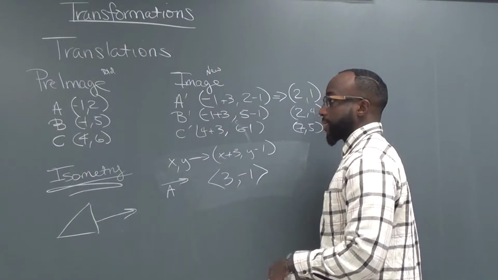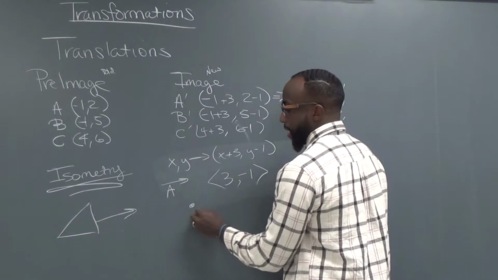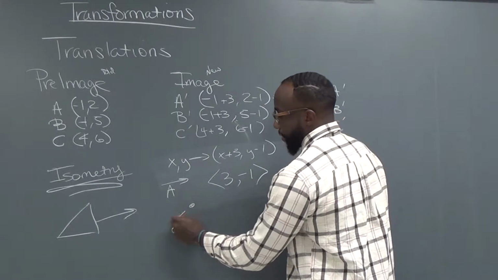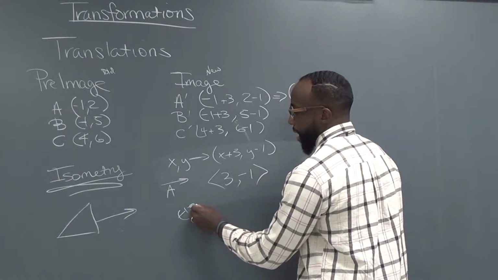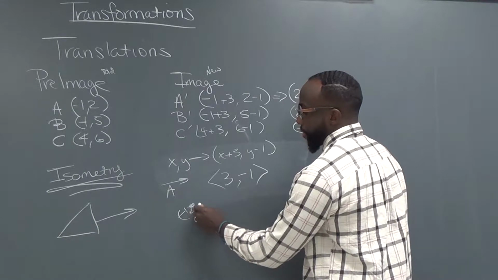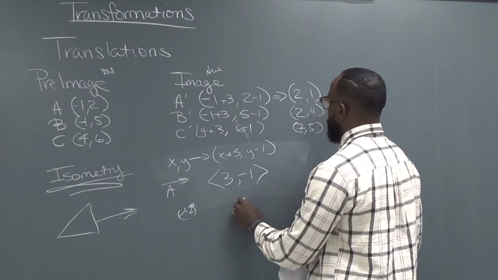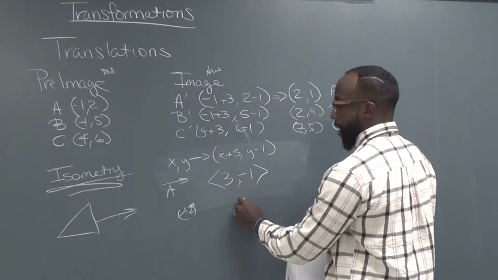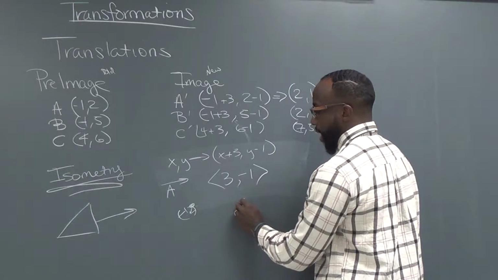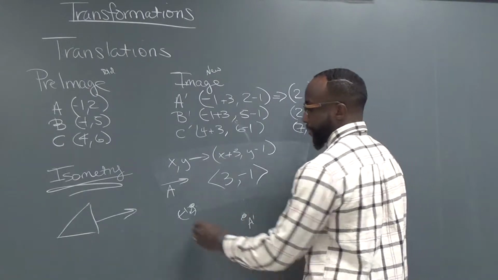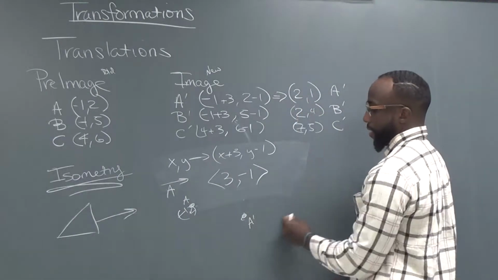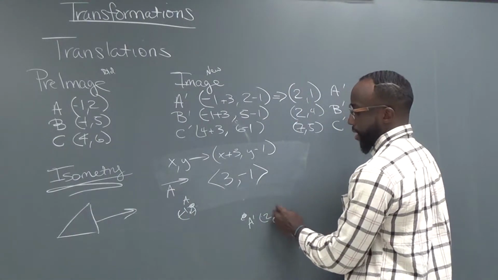A glides like this. So if it's at negative 1, 2, it would glide 3 over. 1, 2, 3, which is where the 2 is, right? And then it'll go 1 down. Bam. This would be the new place for A, right? And that's where you get your 2, 1, right?